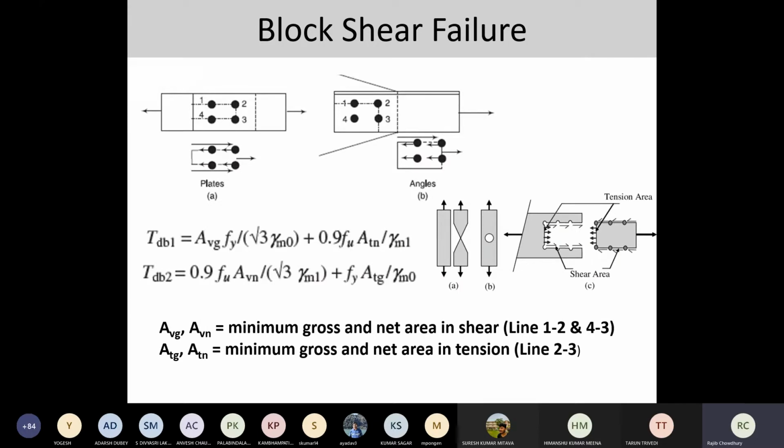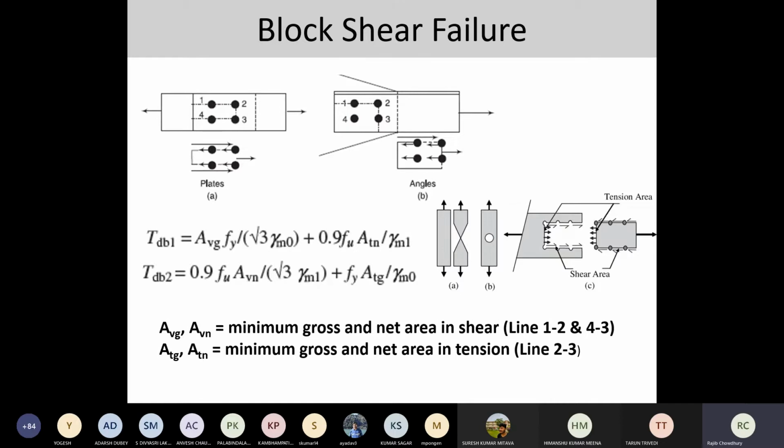I'll come to how it may happen in the welded connection. Let me explain briefly that originally this block shear failure was observed in the bolted shear connection at coped beam ends. It is now widely recognized as a potential failure mode at the end of an axially loaded tension member.